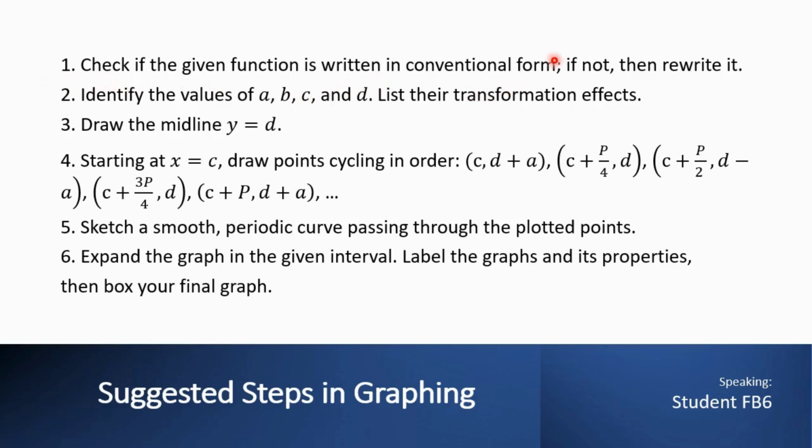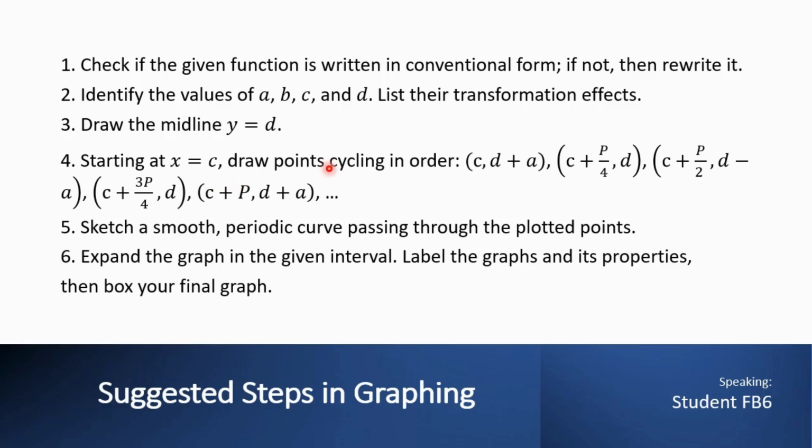First, you must check if the given function is written in conventional form. If not, then rewrite it for us to identify the values of a, b, c, and d. Then we must list their transformation effects. We must draw the midline y is equal to d, so that will be our basis for the rest of the graph.